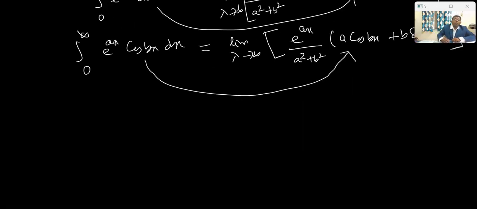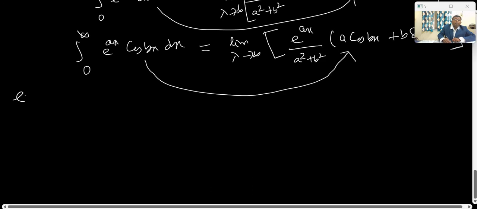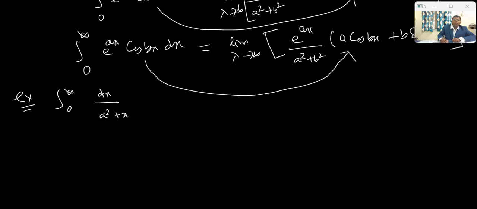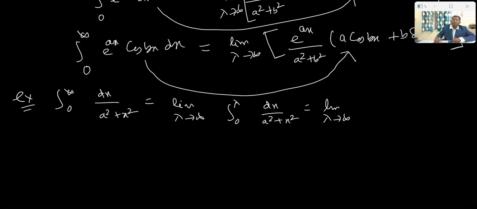If I ask you one more example, suppose evaluate the integral 0 to infinity dx by a square plus x square. You want to evaluate it, so you will write limit lambda tends to infinity, 0 to lambda, dx by a square plus x square.